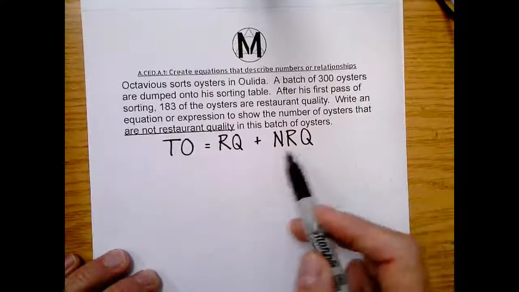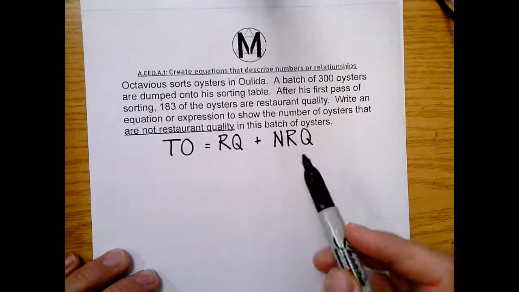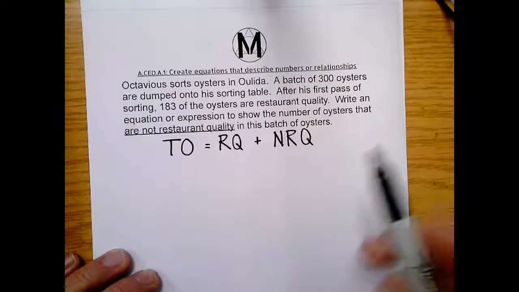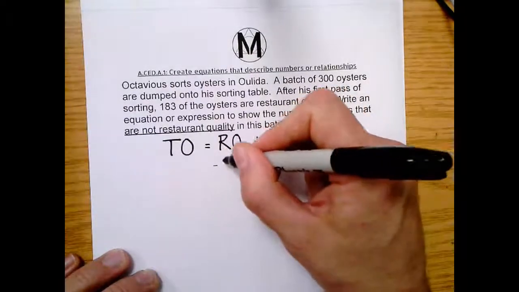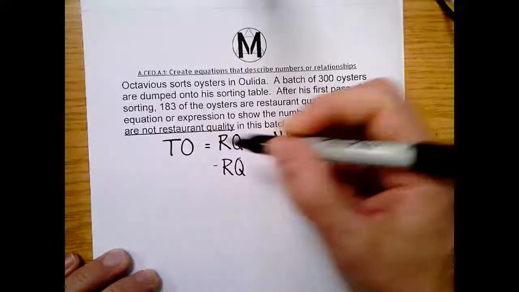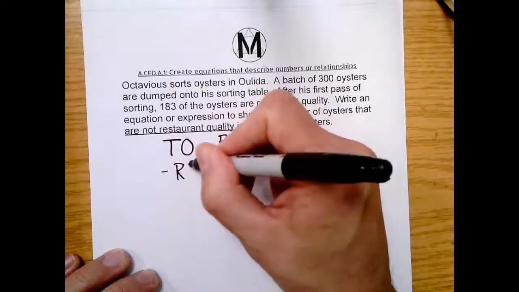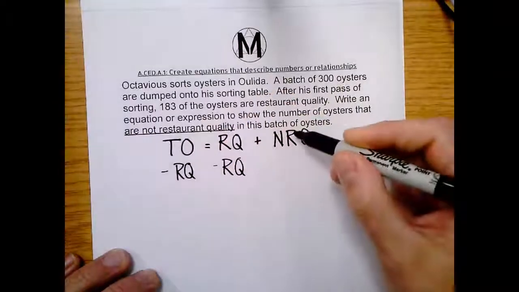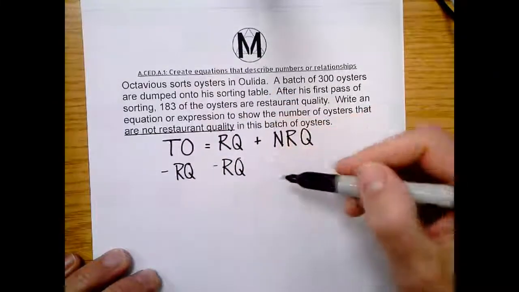So if I wanted to get NQR all by itself, all I have to do is subtract restaurant quality from both sides. So if I subtract restaurant quality from both sides, I'll keep it over here and then we'll flip it next.